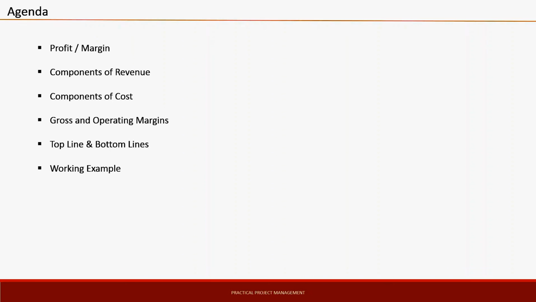And obviously, what do the top line and bottom lines mean, and what is the impact on them depending upon the change in revenue and change in cost, which we call revenue pressure and cost pressure. Finally, we are going to work on some examples so that you can correlate all the concepts, from the profit margin to top lines to bottom lines.